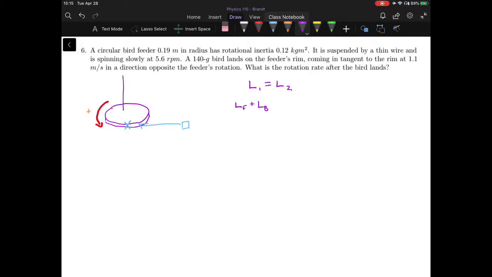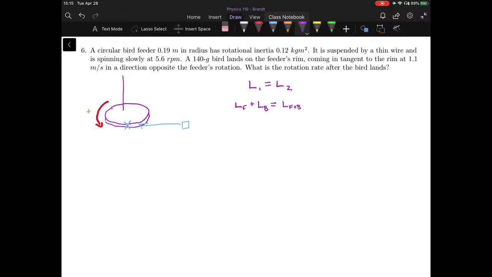Even though the bird's not spinning, as it flies straight in, it's going to land on the bird feeder and cause it to change its spin. So we have to account for that potential spin because of that bird. Then after the bird lands, the bird and feeder are going to have some angular momentum together. So they're a combined system at that point.